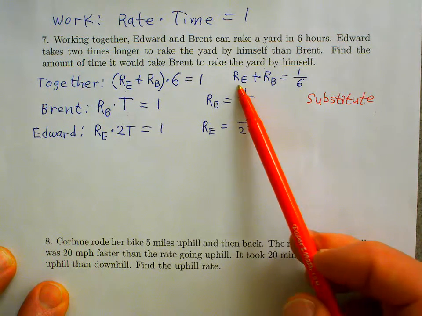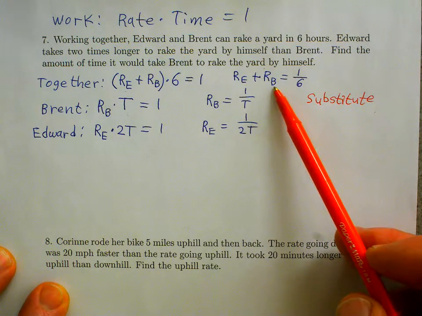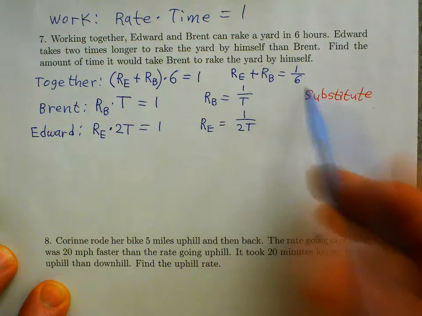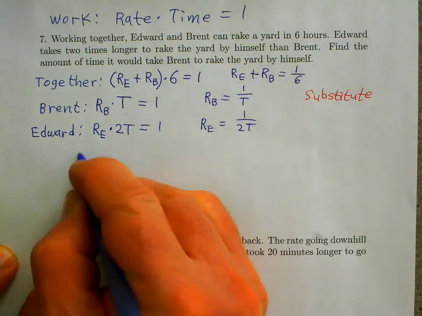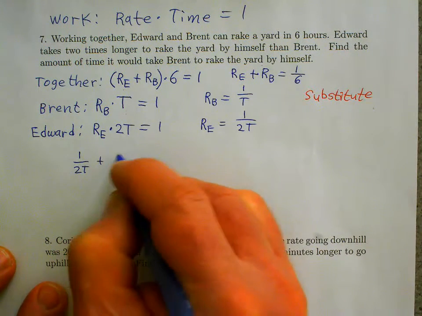In this equation on the top, we're going to replace Edward's rate with 1 over 2T, replace Brent's rate with 1 over T, and the sum of the rates is 1/6. So that will give us an equation whose only variable is T.